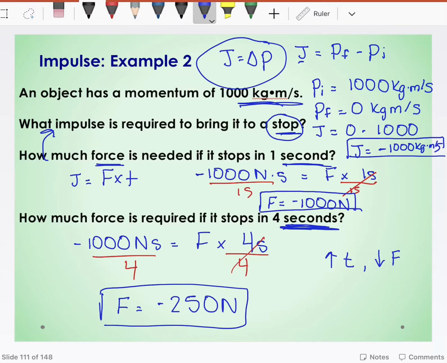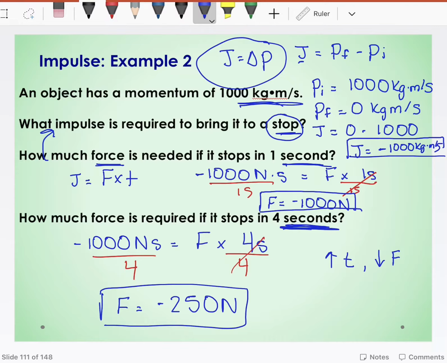By increasing the time of impact, you will decrease the force to the car and thereby to the passenger. But in both scenarios, the impulse would have been the same because the initial and final momentum would have been the same if the car was traveling at the same speed in both scenarios.